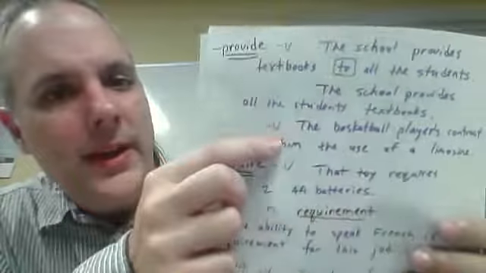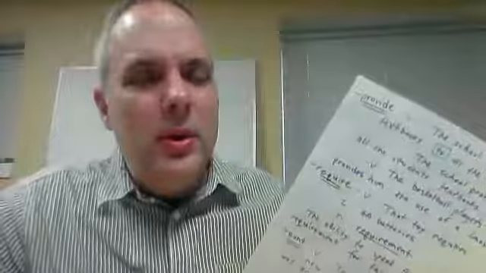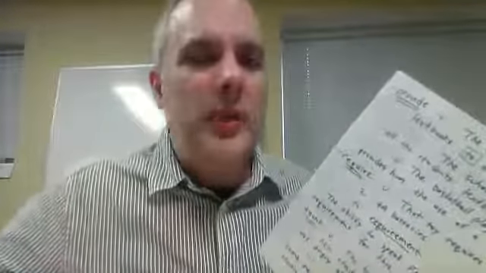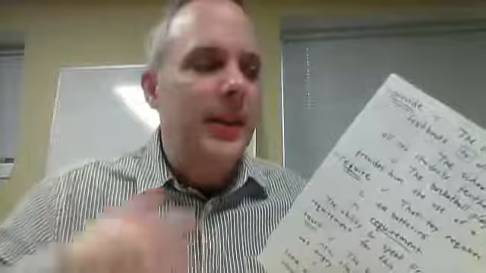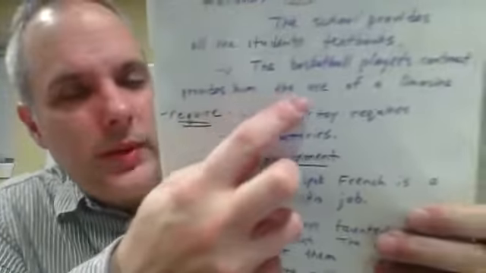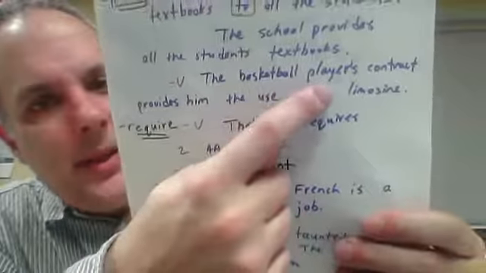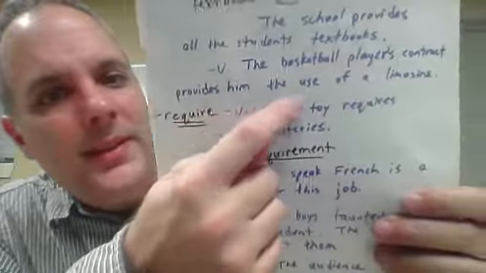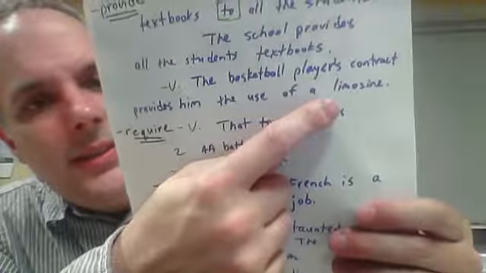Good. Now, provide, a second meaning. The second meaning is more kind of like with a legal contract. It means that it will have a rule that says something needs to be given. It's more kind of like a word a lawyer will use, okay? So the basketball player's contract provides him the use of a limousine.